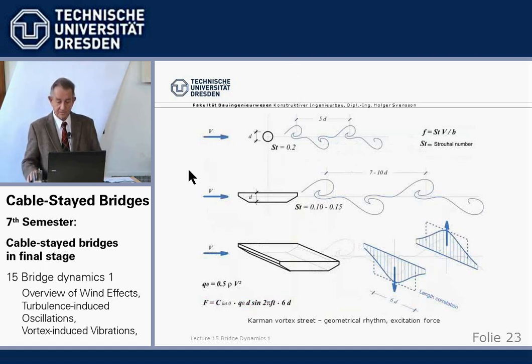If we have a wind blowing on a pipe, then we have this shedding of vortices upwards, downwards, upwards, downwards, and the frequency is defined by the Strouhal number: wind speed divided by the characteristic depth or width, times Strouhal, 0.2 for a pipe.